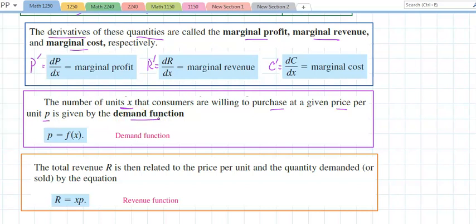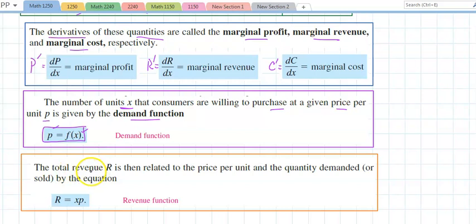The tricky part is that the demand function is not some D. The demand function is given as a function in terms of X, and they call it P, price. The price depends, the demand depends on the price.